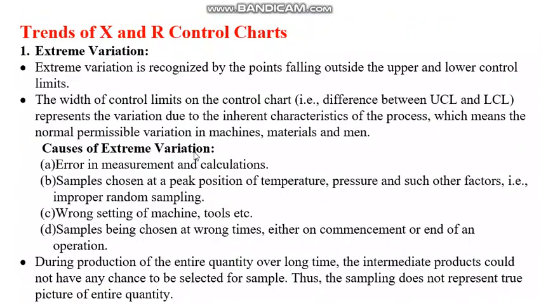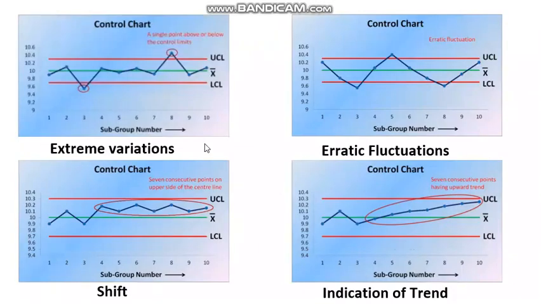For one object we are getting the dimension like this, for another we are getting another dimension. Not one object, for one sample we are getting like this, for another sample we are getting like that.